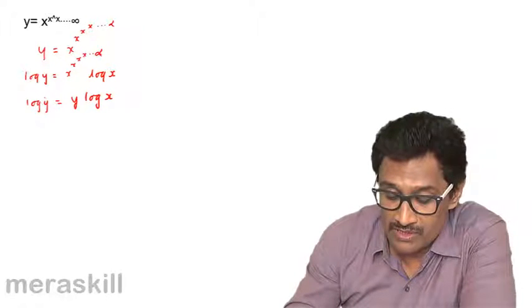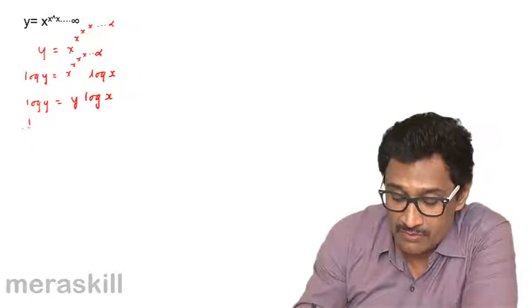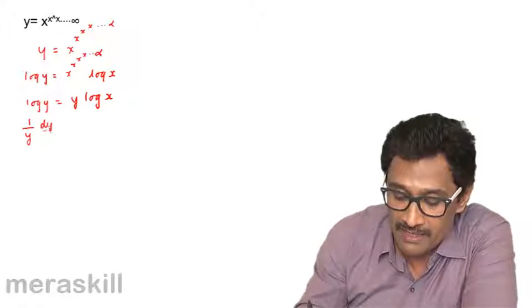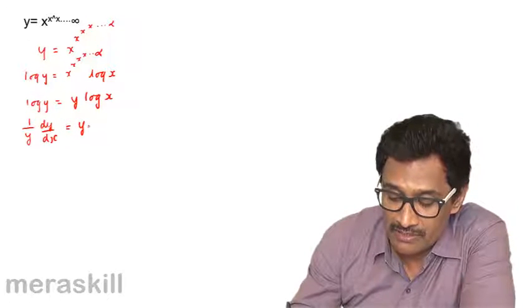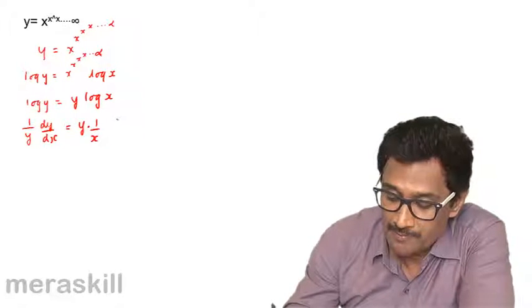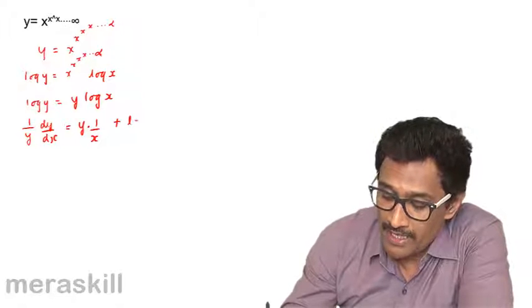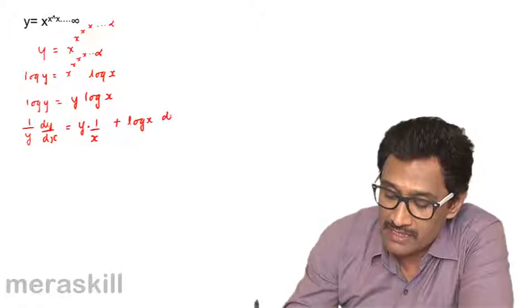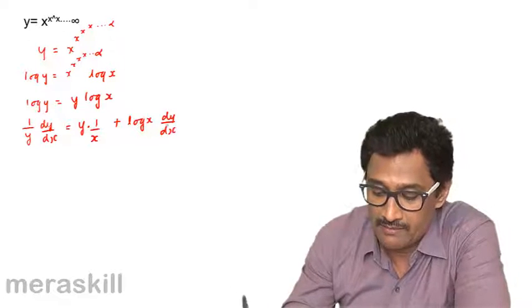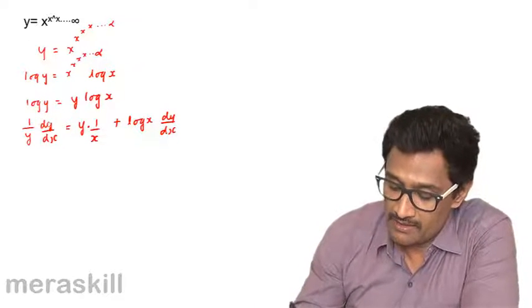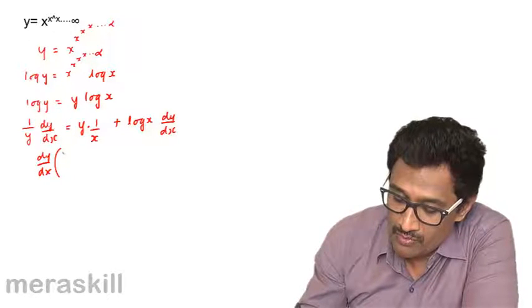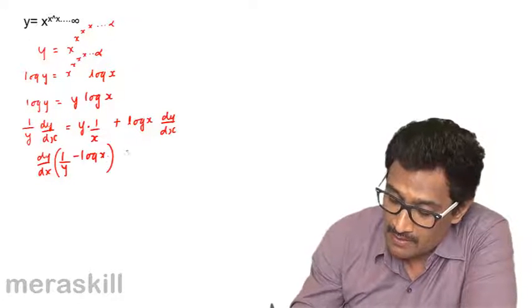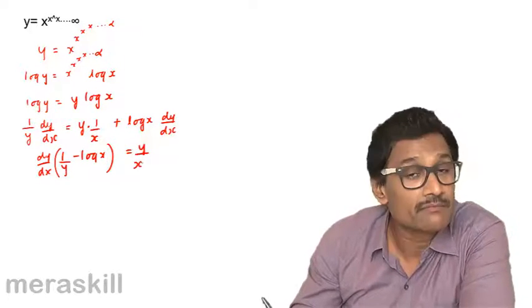Now hence if you see, take the derivative on both sides, so you get 1 by y dy by dx is equal to y into derivative of log x, that is 1 by x, plus log x into derivative of y, that is dy by dx. So you can take this to this side, so you get dy by dx into 1 by y minus log x is equal to y by x.